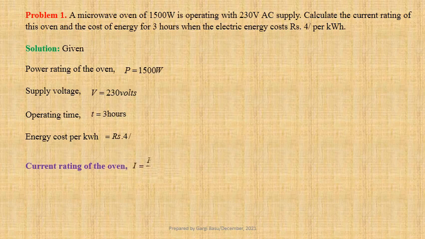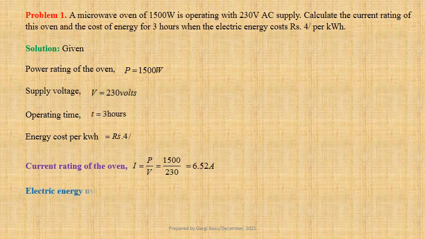I = P divided by V. Using values we get 1500 divided by 230, that is equal to 6.52 ampere.